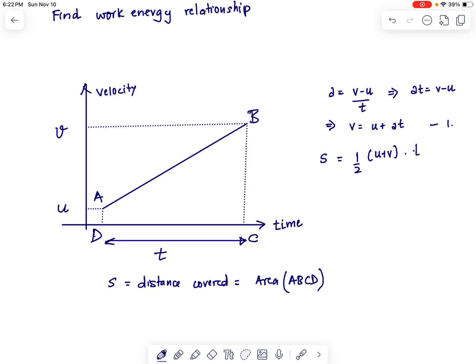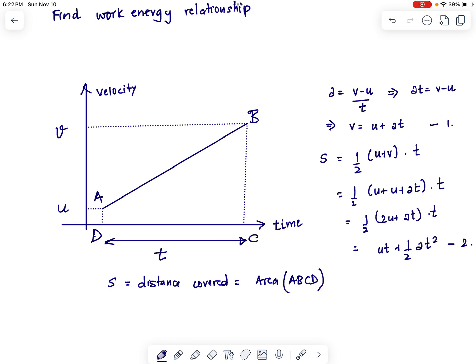We know that v equals u plus at, so we plug this in here and get half (u plus u plus at) times t. We write this as half of (2u plus at) times t, which equals ut plus half at squared. So that's equation number 2.